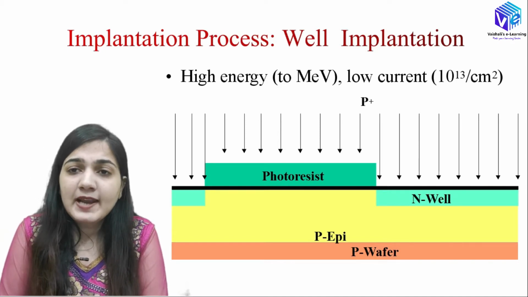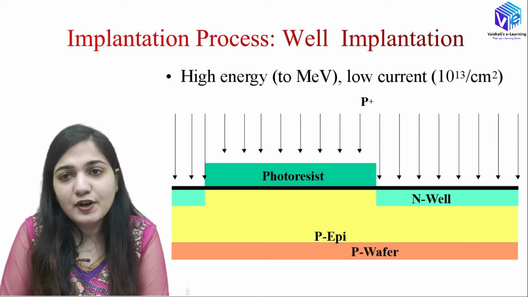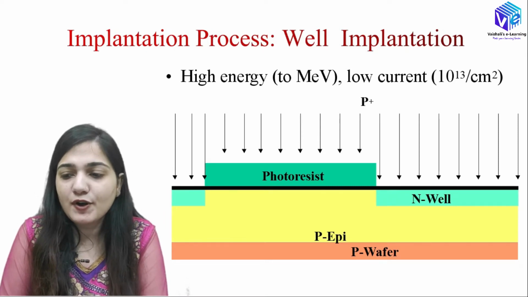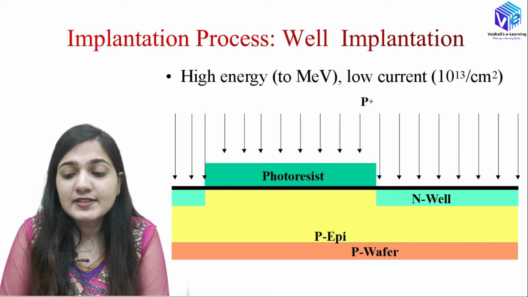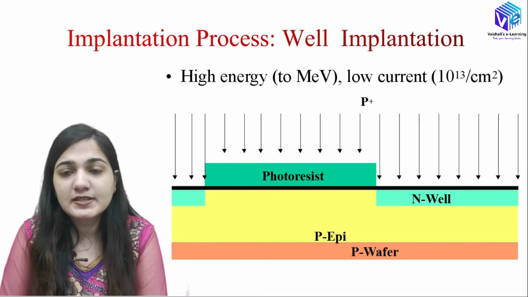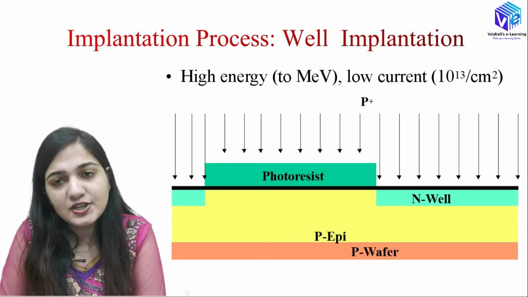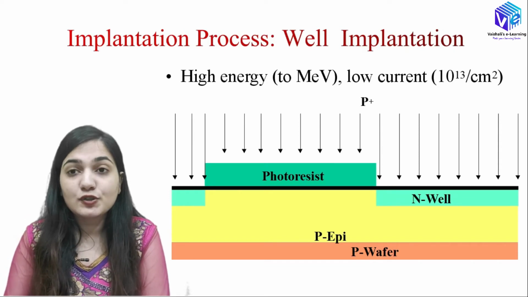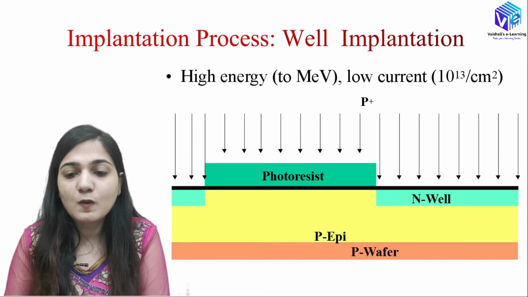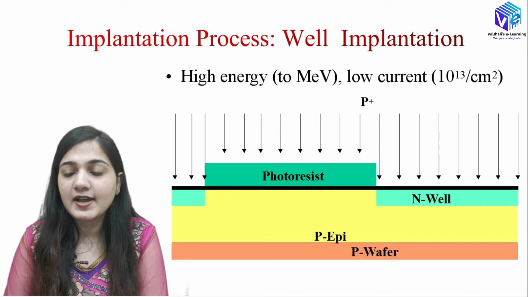It can be a lightly doped region, so I require low current of the order of 10 raised to power 13 per centimeter square. So it is a lightly doped region. I don't require the N plus or P plus region, I just require the N region or the P region. For that I am using the low current.